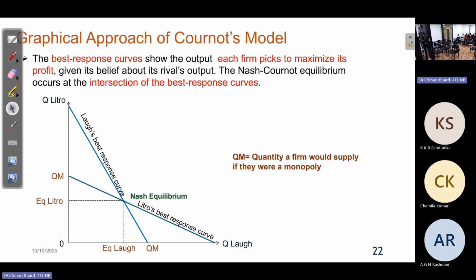So when quantity of firm 2 is zero, what is the amount of quantity 1? When Q2 is zero, Q1 becomes 96, right? Now look here: if Q2 is zero, then substituting zero, Q1 is 96. So at Q2 = 0, Q1 is 96.